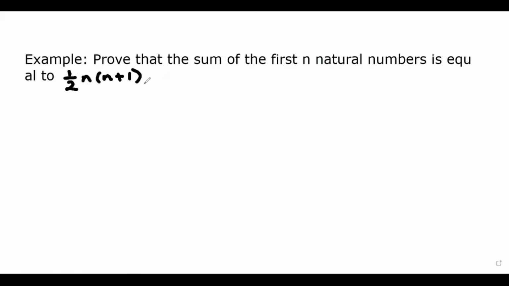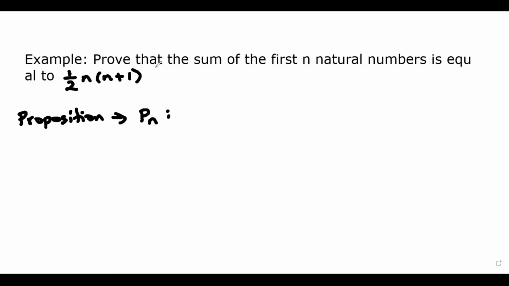Okay, so let's say we have this example here. Prove that the sum of the first n natural numbers is equal to half n, open bracket, n plus 1, close bracket. So the first thing you want to do is you want to do a proposition. And you're going to let your proposition be denoted as Pn.